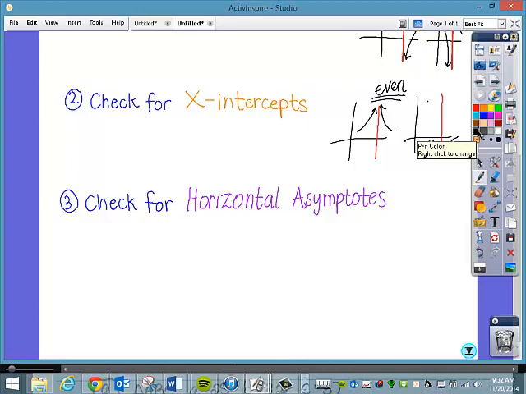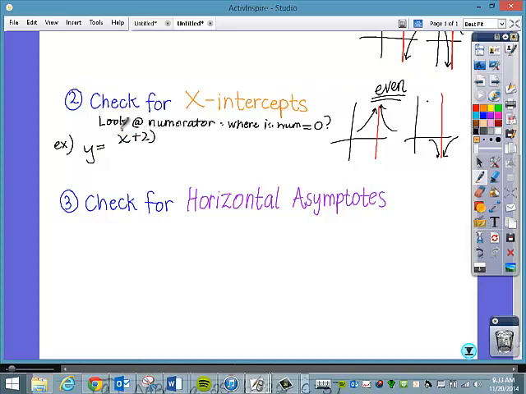To check for where your graph is going to cross the x-axis, you need to look at the numerator. Where is it equal to 0? That says num for numerator. An example would be y equals x plus 2 over x plus 3 times x plus 4.